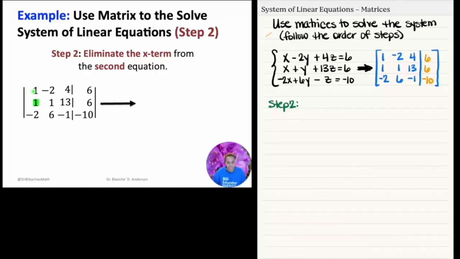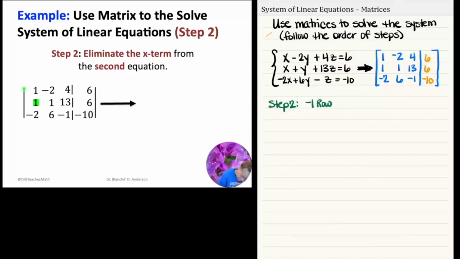Well, if I can make this negative, a -1, and if I add them together, they'll cancel each other out. And that's what we want. So we're going to take -1 times row 1.